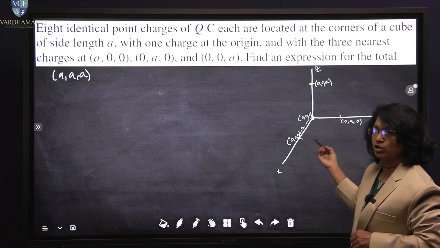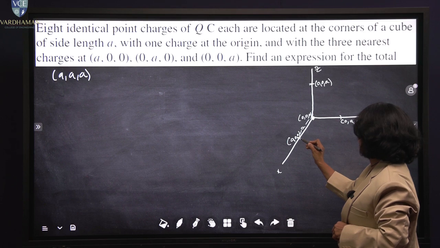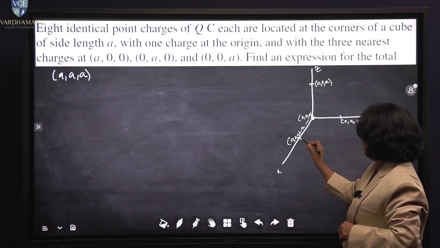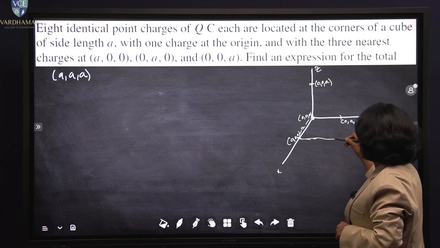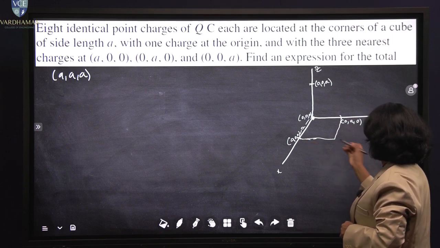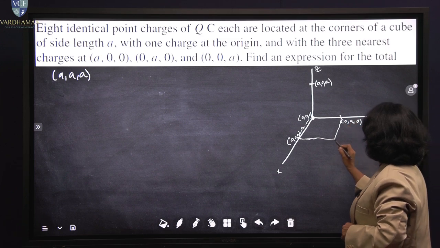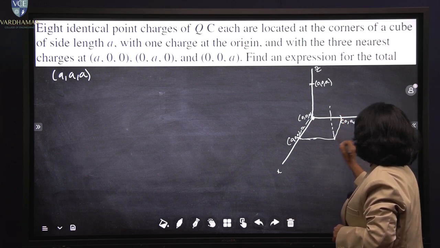Now we need to build a cube out of it. So the cube can be drawn like this. The other corner can be A dimension apart along x, A dimension along y, and A dimension along z, that means the elevation.